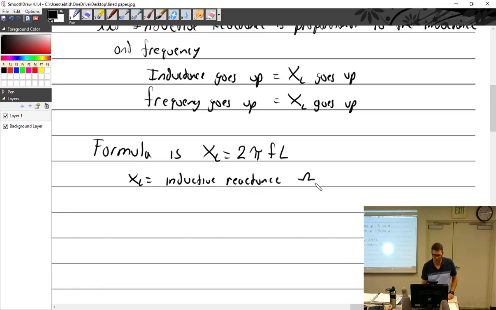Inductive reactance, ohms. F is frequency, also known as hertz, Hz. And L is inductance, which is L, or henries.